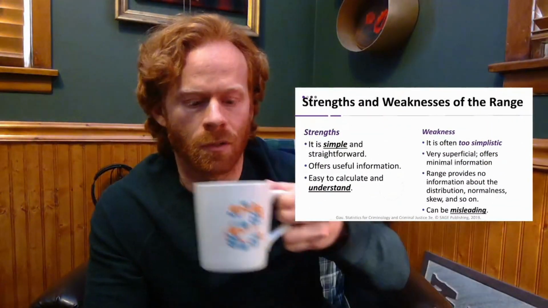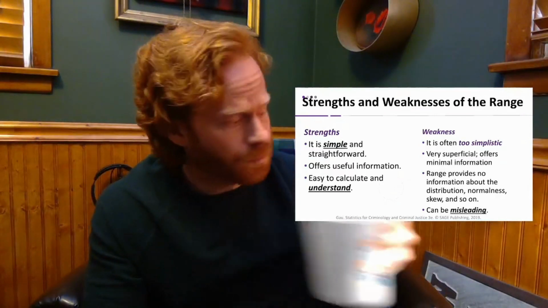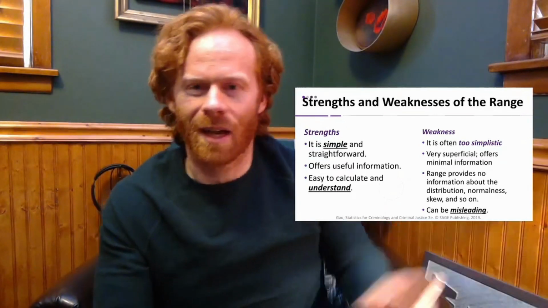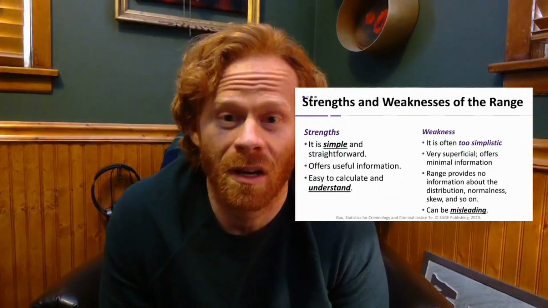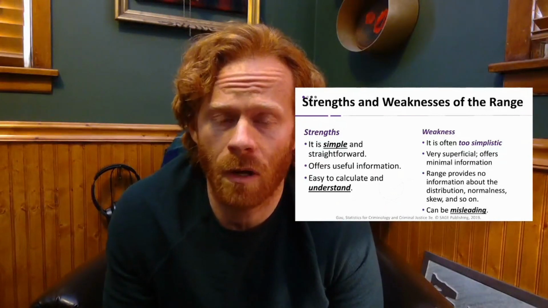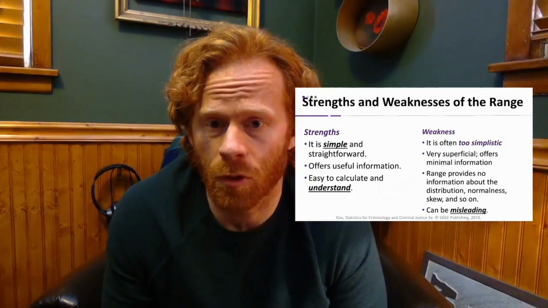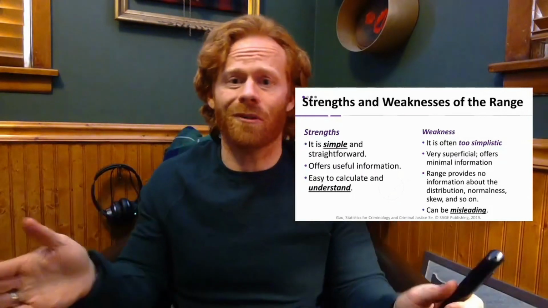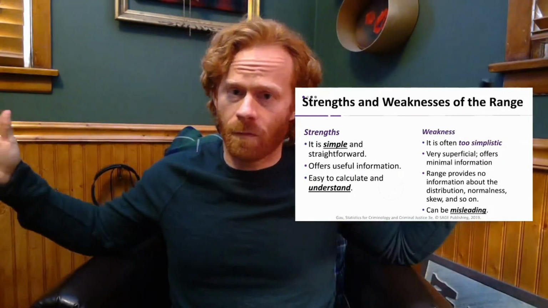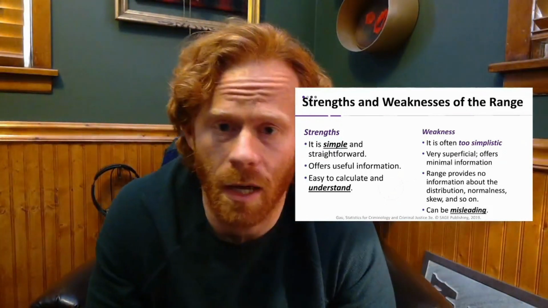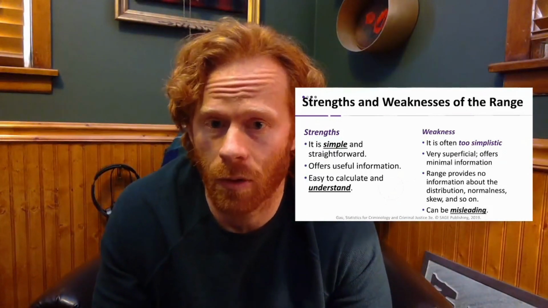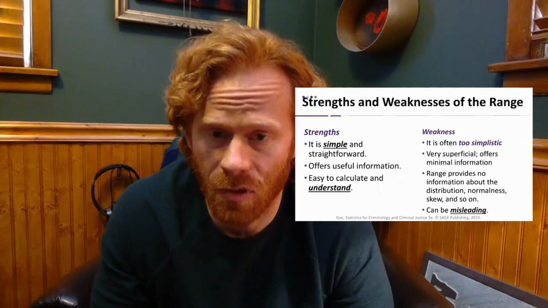So very easy to calculate, not exactly useful, especially if there are outliers involved, like the outliers we talked about in situations where you want to use the median. If we have outliers, then that's going to give us a very big range, and that might not necessarily be accurate to 99% of the values.